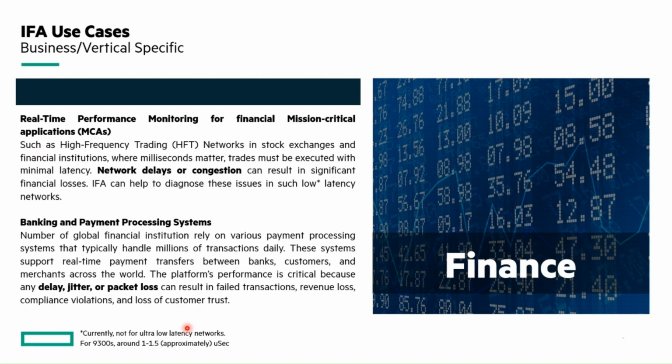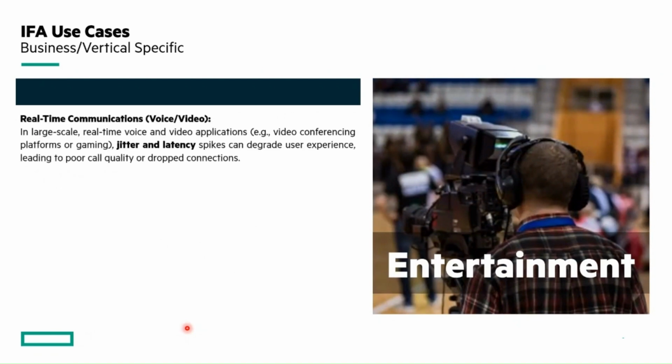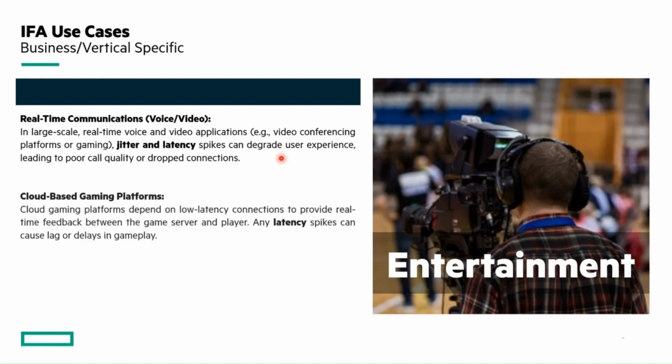Next, we have the entertainment industry use case, where real-time communication is very important, such as in voice or video where seamless communication is required. So in large scale, real-time voice and video applications such as video conferencing, what we are doing right now, or the gaming industry as well, jitter and latency spikes can degrade the user experience, leading to poor call quality or dropped connections.